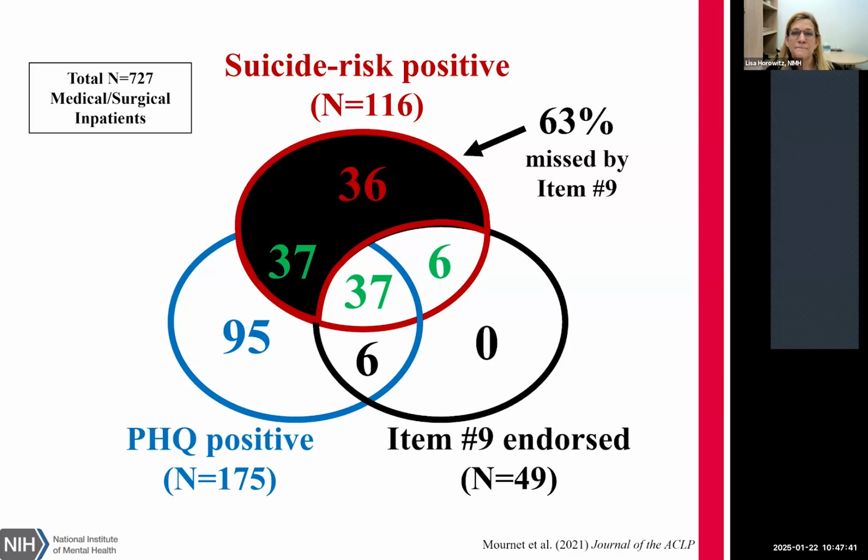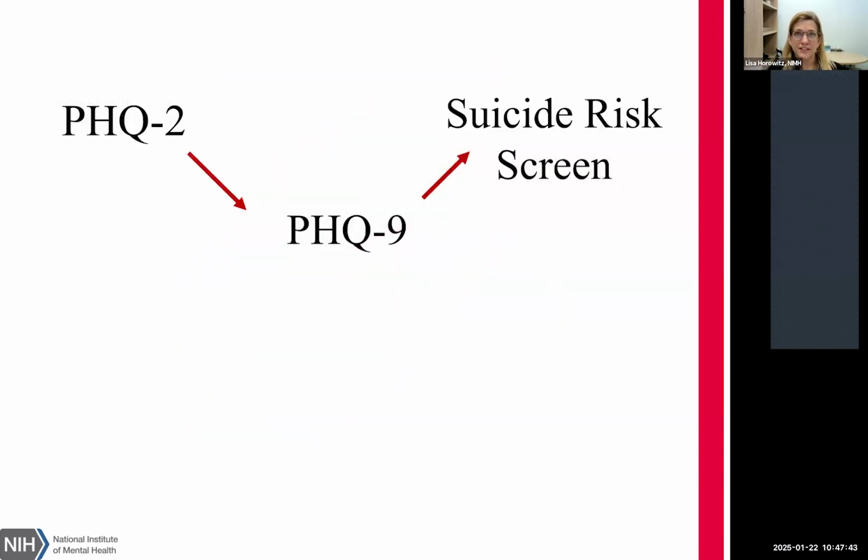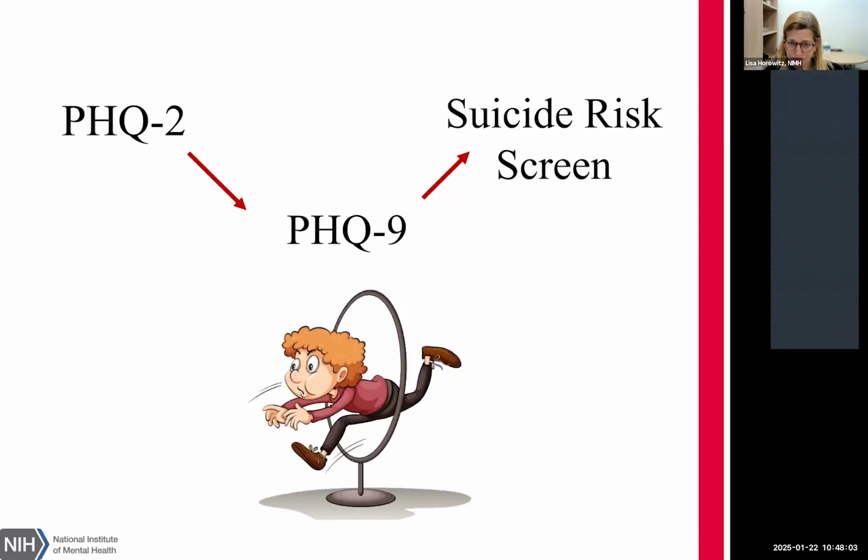Now, some people screen like this, and for depression, this is a valid thing to do. They use the PHQ-2. If that's positive, then they use the PHQ-9. However, sometimes they only screen the patients that screen positive on the 2 and the 9 for suicide risk. There's no evidence showing this is a valid way to screen for suicide risk.